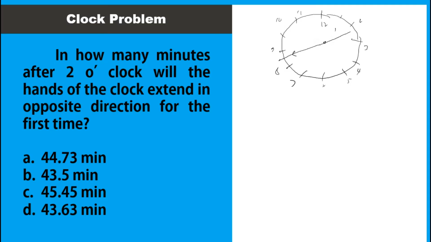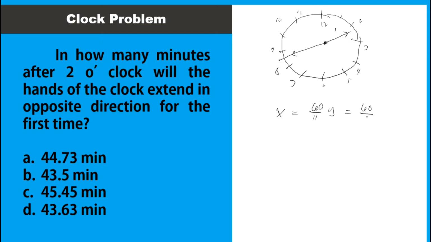So this is your hour hand. So let's apply the formula. Let's say x is 60 over 11 times y. This is opposite, so the opposite of 2 is 8. So y is equal to 8.